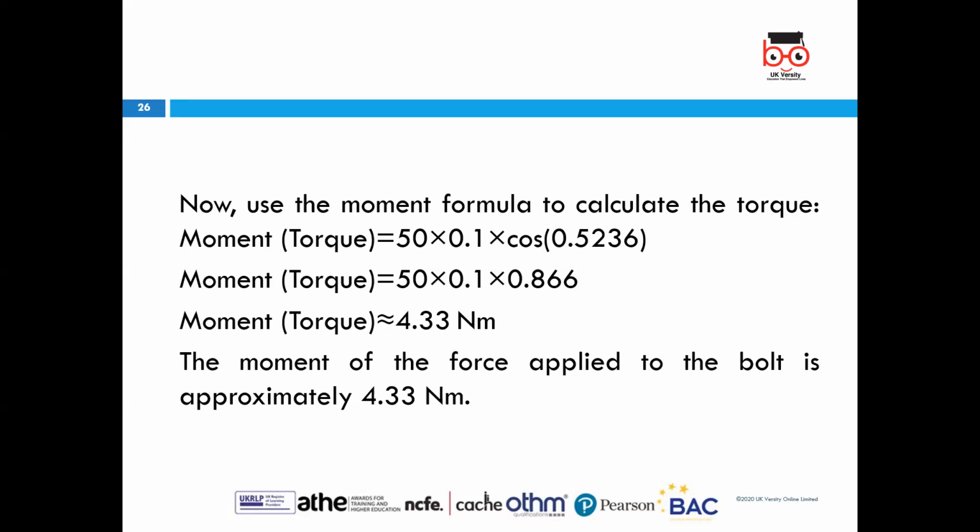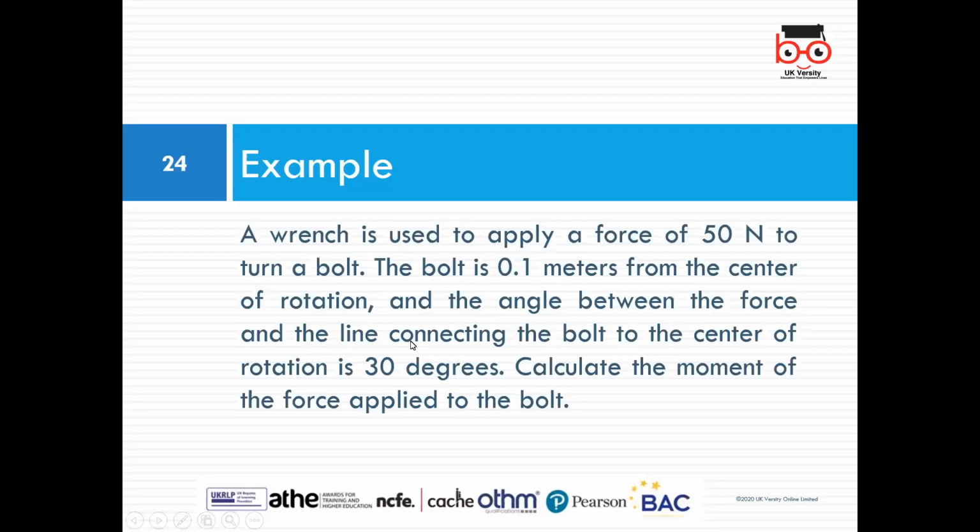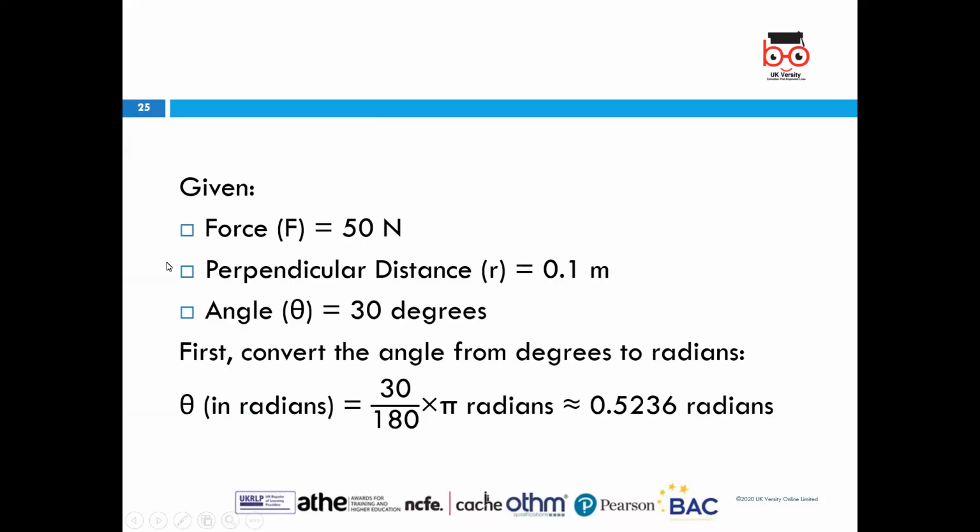Let's once again go through it. A force of 50 newtons is used to turn a bolt. The bolt is 0.1 meters from the center of rotation, and the angle between the force and the line connecting the bolt to the center of rotation is 30 degrees. You have to calculate the moment of force. So what we do, we write down whatever is given to us. This is a standard format of solving any engineering problem.